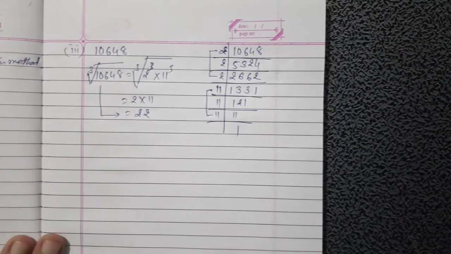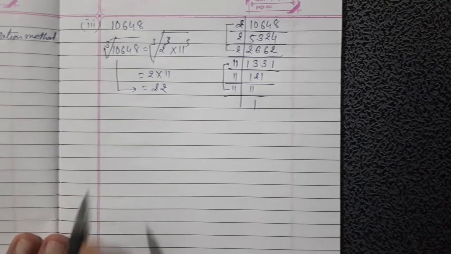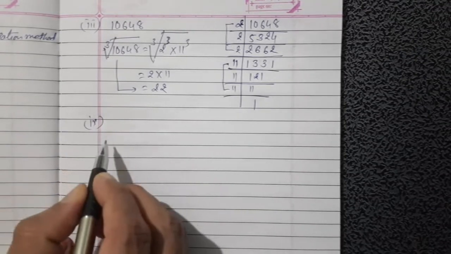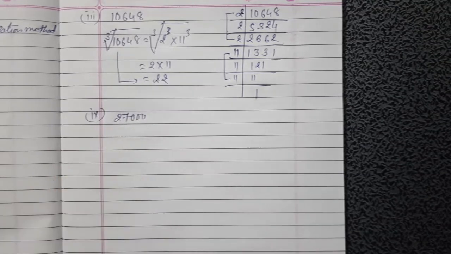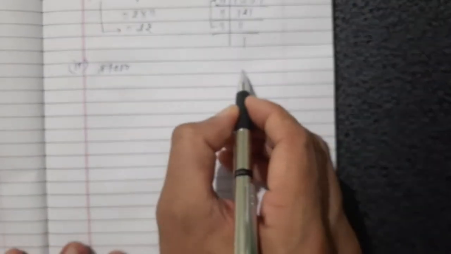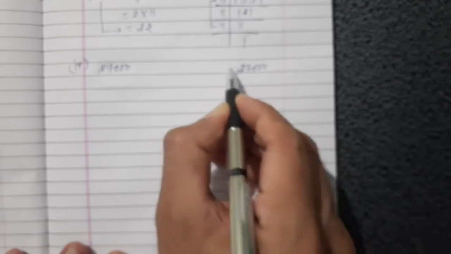Okay. Number 4, that is 27,000. Factorize that one here.